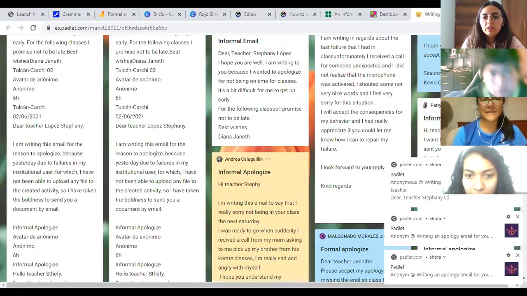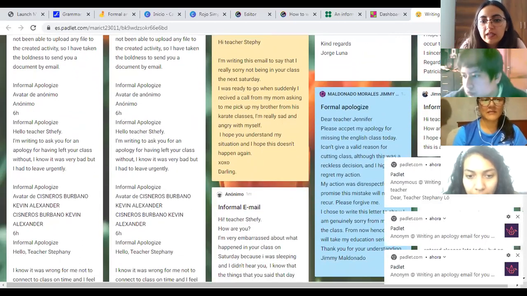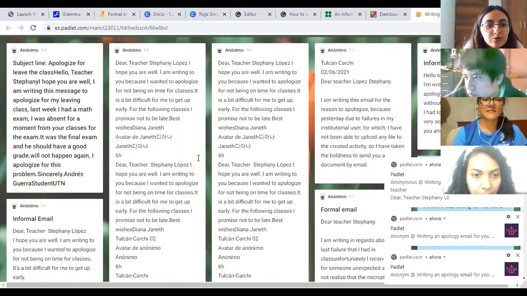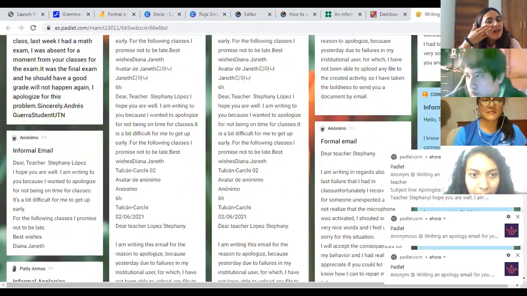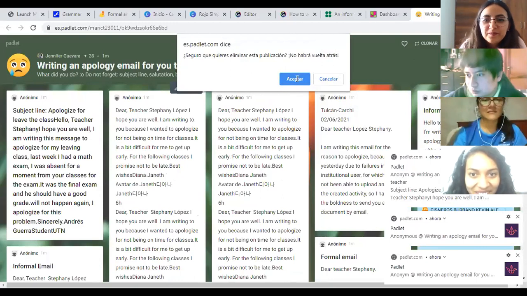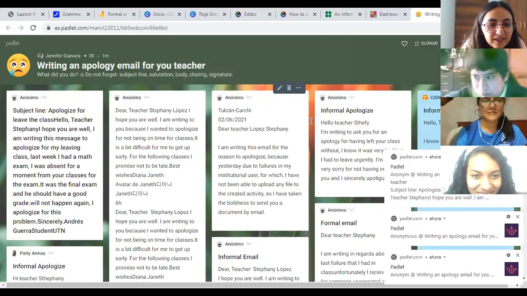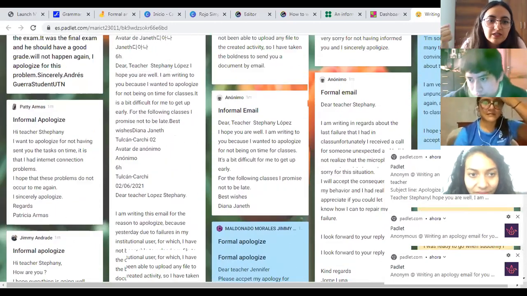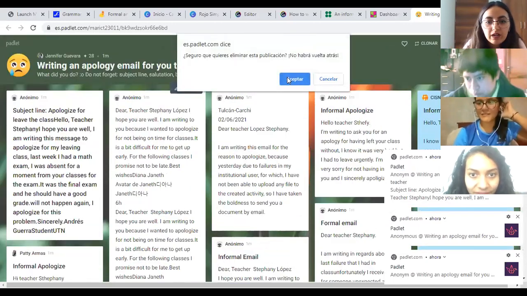También en inglés es muy importante la puntuación. Si por ahí veo a alguien que escribió Dear Teacher Steffi con S minúscula, oh my God, I'm going to cry instead of apologizing you. Don't forget commas, capital letters, spaces between paragraphs.